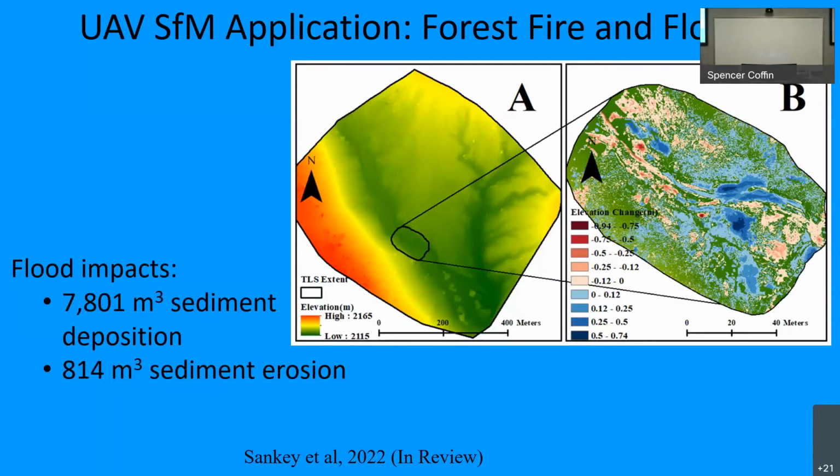And across that area, what we estimate is that when the flood came, we received about 7,800 cubic meters of sediment that was deposited downstream of the burned area. And at the same time, about 800 or so cubic meters of sediment was eroded from the city. And so using the high resolution DEM, that's the kind of estimates.